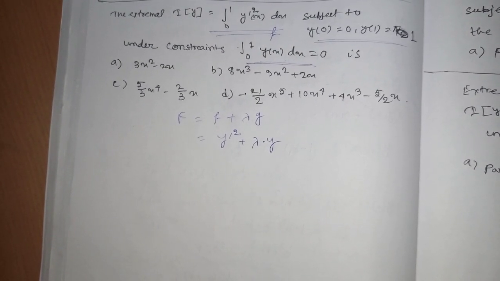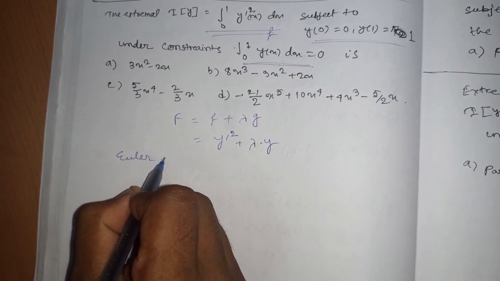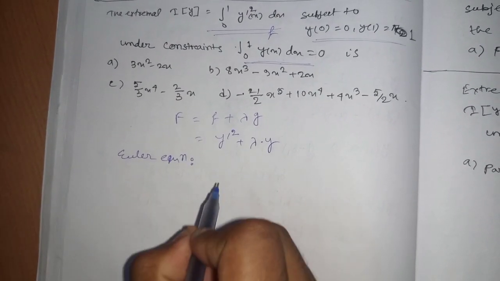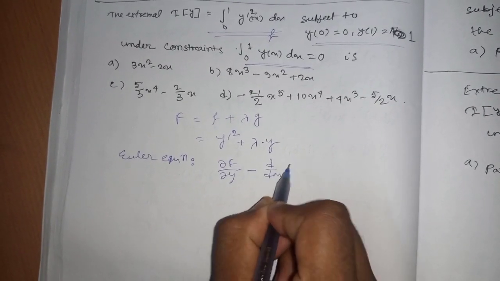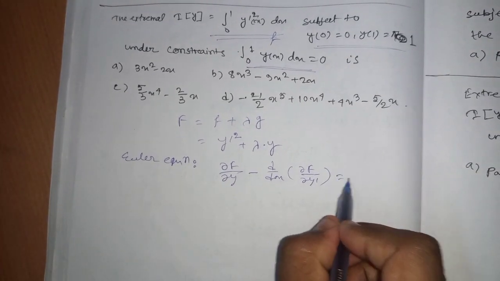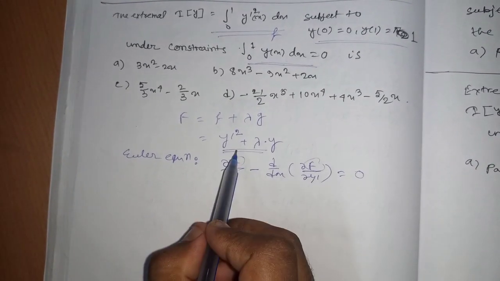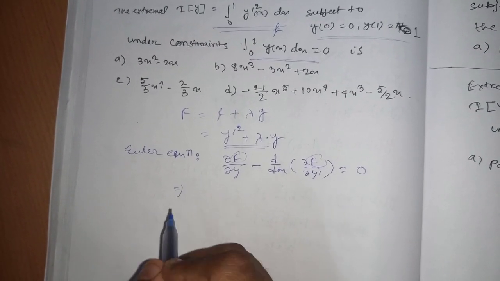Now you have to use the Euler equation. What is our Euler equation? Euler equation is del F by del y minus d/dx of del F by del y dash equal to 0. Now put capital F here and here.